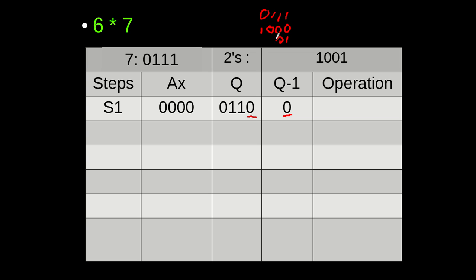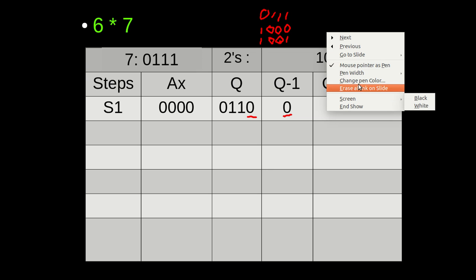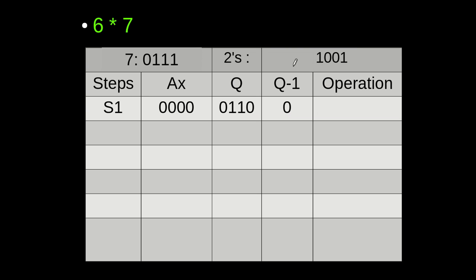I'm going to have 1, 0, 0, 1. This is the 2's complement for the 7, meaning negative 7. And I'm going to show you why we need it.